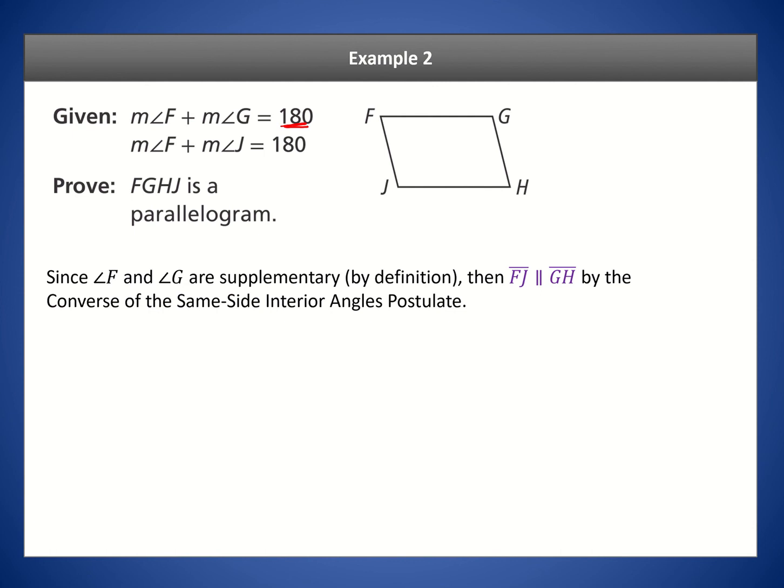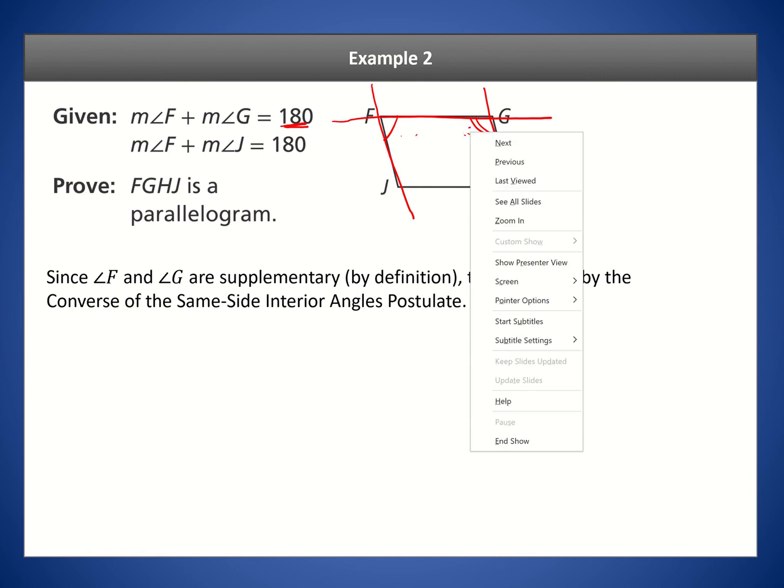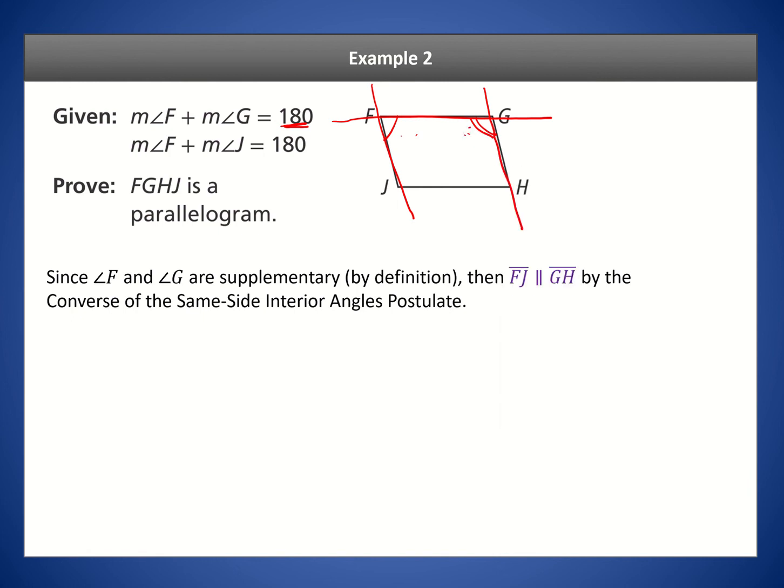And because they're supplementary, these two angles right here are same side interior angles. If you were to draw this out with a transversal, you can see they're on the same side of the transversal, and they're also interior angles. And so they're same side interior angles.